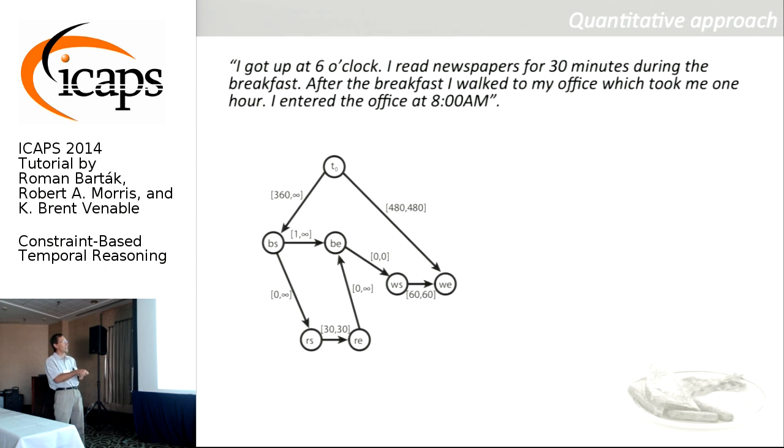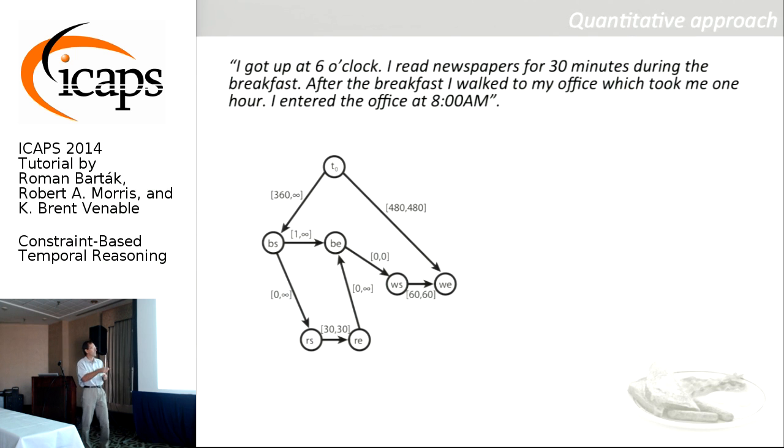I assume that I need at least one time unit between starting and ending the breakfast to enjoy it, really, so at least 1 minute is there. I started reading sometime after I started breakfast. It took me exactly 30 minutes, so this interval is the minimum and maximum distance between the time points, and I finished reading before the end of breakfast.